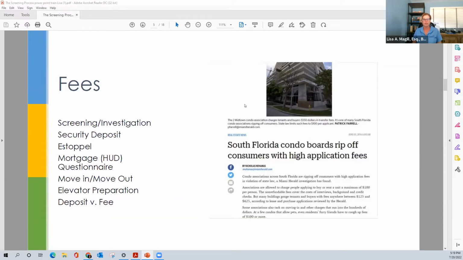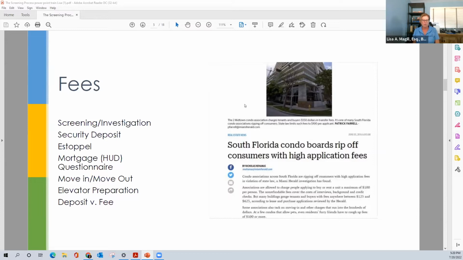It just depends on what your governing documents say. And are you collecting a deposit or a fee? Deposits are more than likely going to be acceptable so long as your rules have been properly promulgated. Fees are a different ball of wax altogether because the condo statute does prohibit fees under certain circumstances.